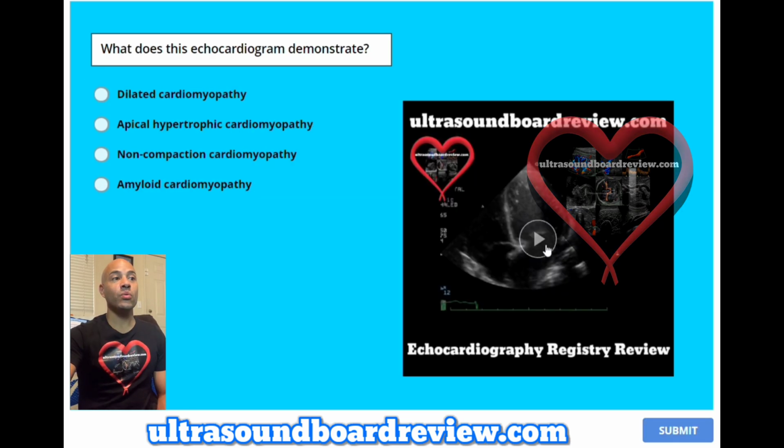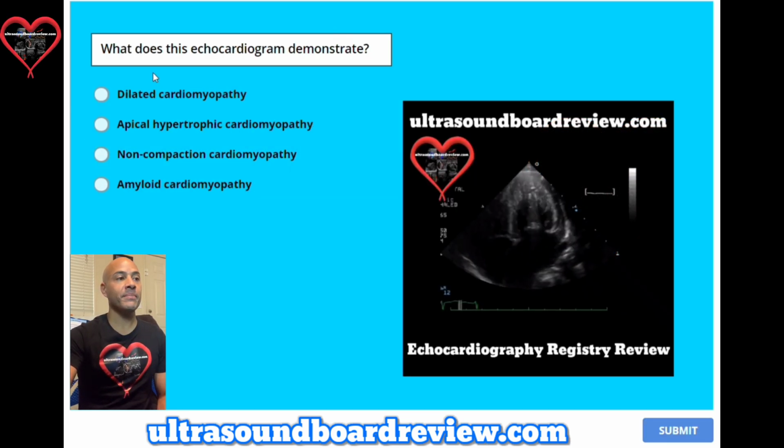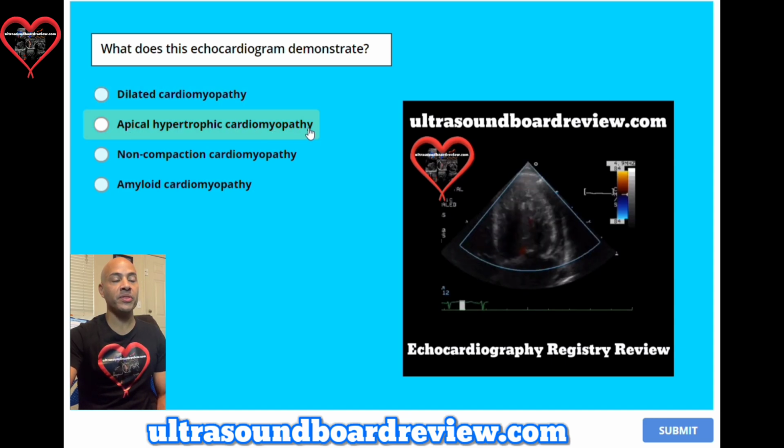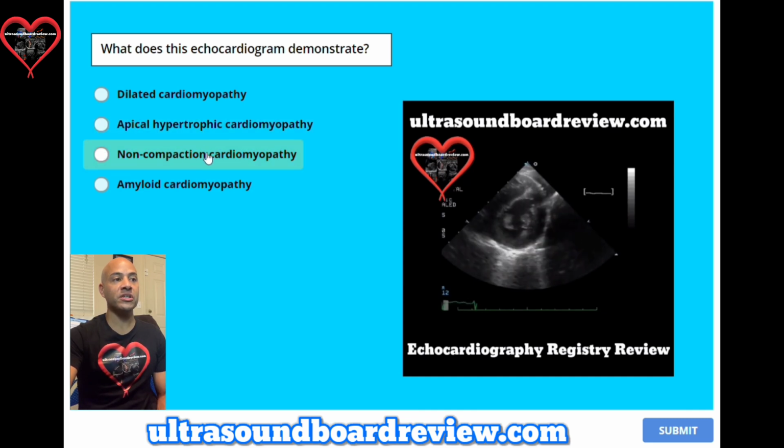Question 99. What does this echocardiogram demonstrate? A, dilated cardiomyopathy. B, apical hypertrophic cardiomyopathy. C, non-compaction cardiomyopathy.